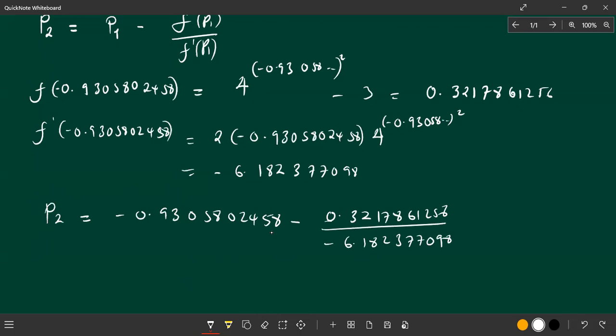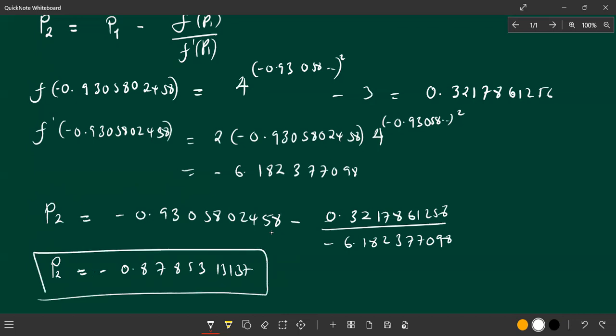Let me put this in the calculator. Our second iteration is approximately negative 0.8785313137.